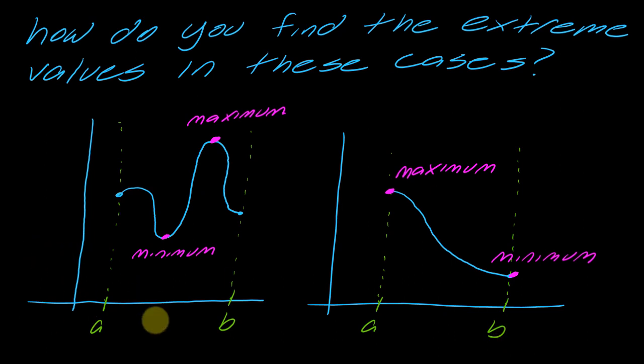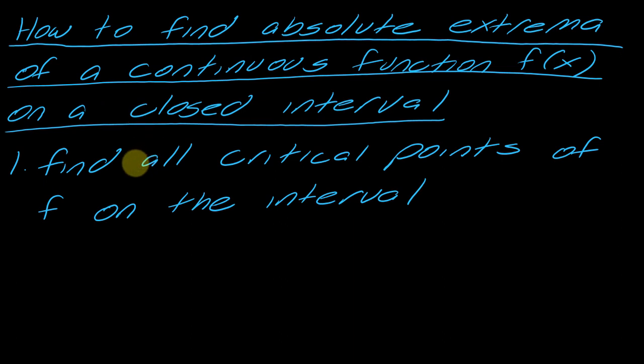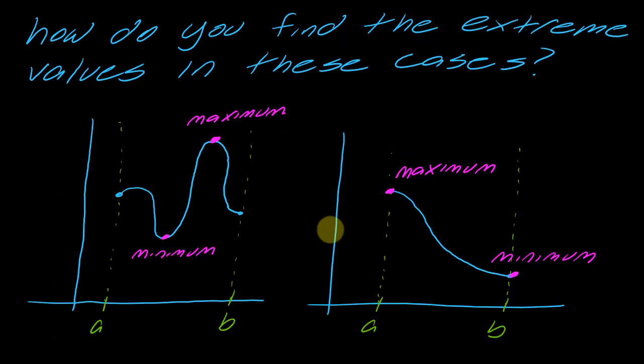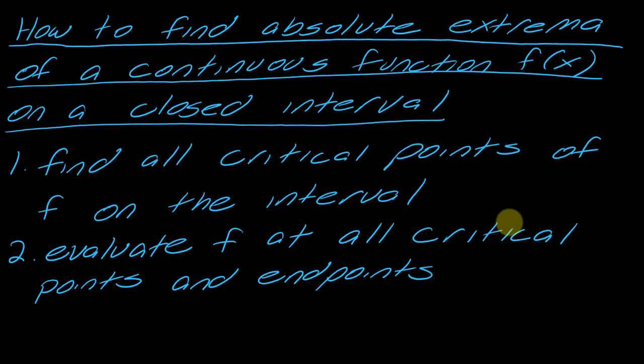You either have the critical points, so let's maybe write this out. How to find absolute extrema of a continuous function f on a closed interval. First, you find all the critical points of f on the interval, so start with that. And then the other part would be this situation here, so this would let me continue my list. I'd have to find all the critical points, but I'd also have to evaluate the endpoints.